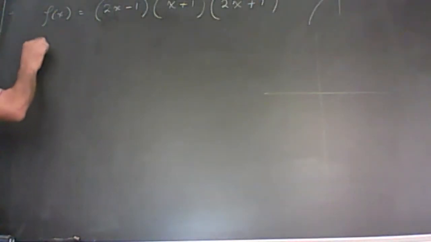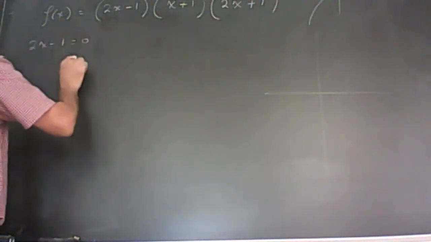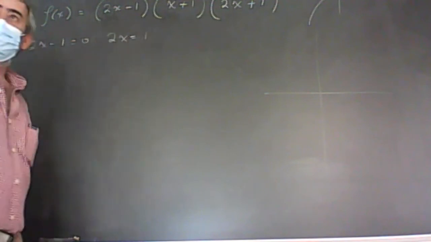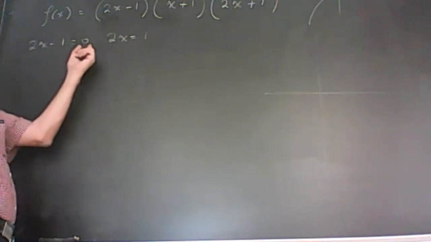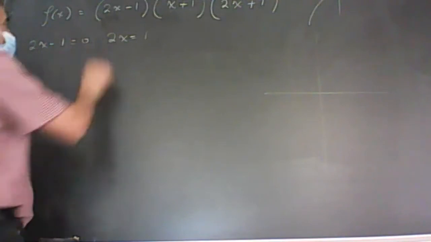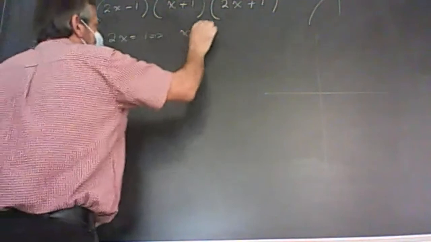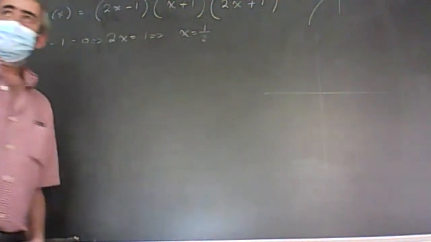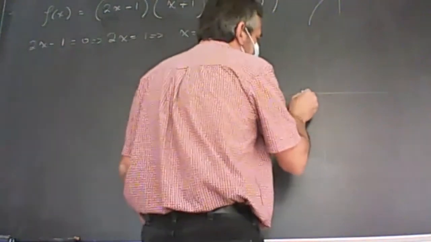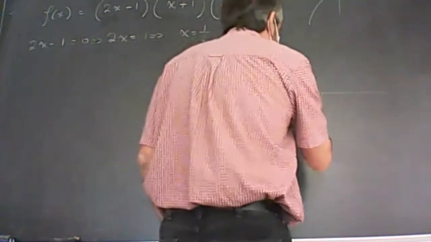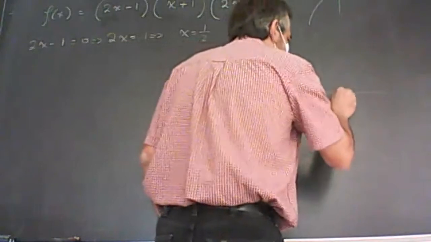First one, 2x minus 1 equals 0, means 2x equals 1, by moving 1 to the other side. That means x equals 1/2, divided by 2. So the first intercept is right here at 1/2.